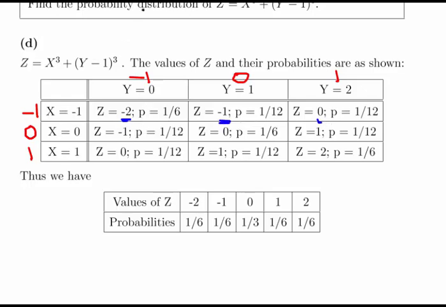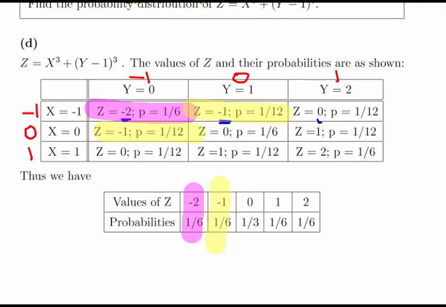Let's bundle them all up. Here we have z equal to -2. The probability of that is 1/6, so that's where we get this one here. Then for -1, this here plus this here, that's 1/12 plus 1/12, which gives us 1/6.